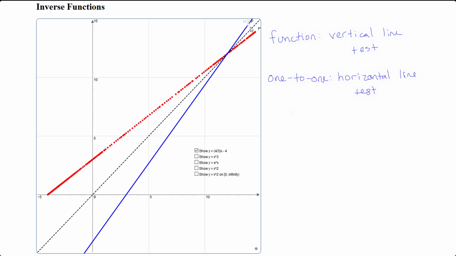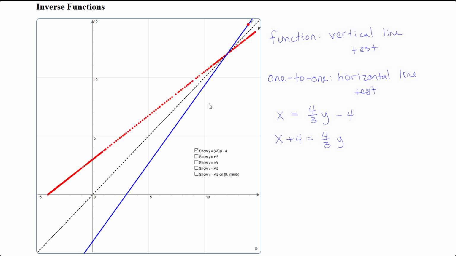So if I map all of the points along the line across this line, this is what I come up with. Certainly I could solve for this inverse function. So if I took the function y equals 4/3 x minus 4, and I swapped my x and y values, then resolved for y, I would have x plus 4 equals 4/3 y.